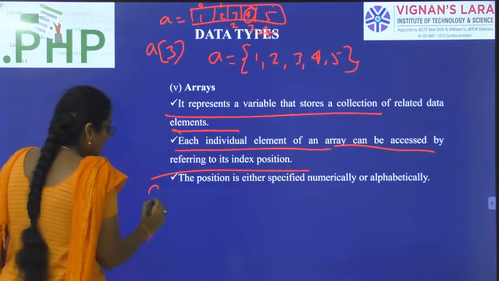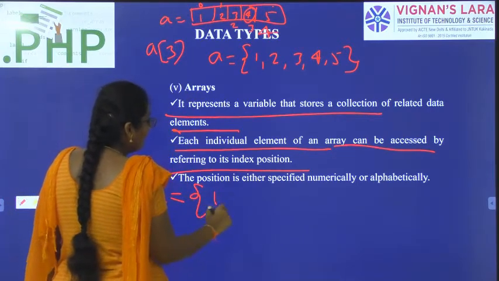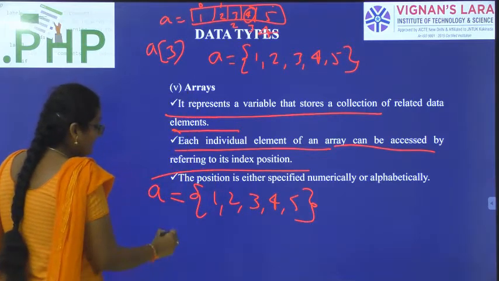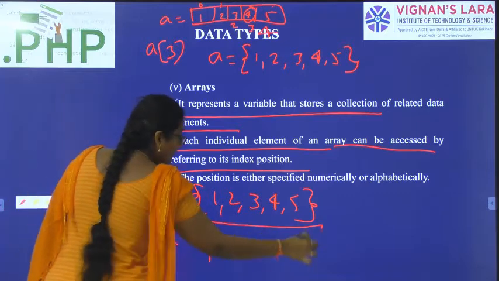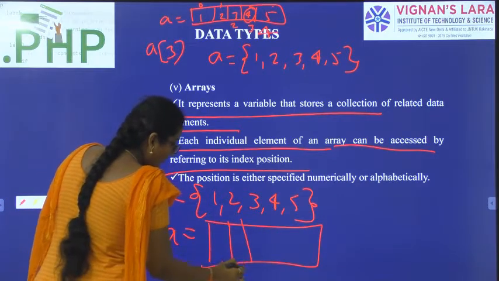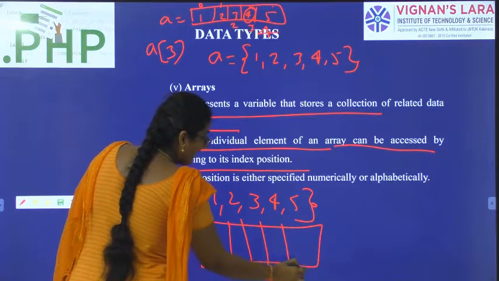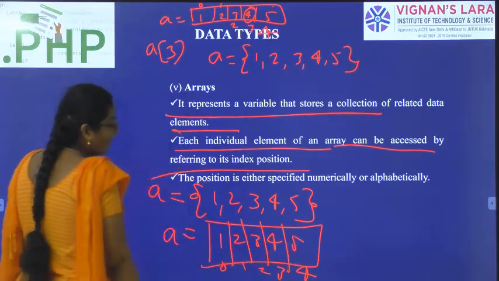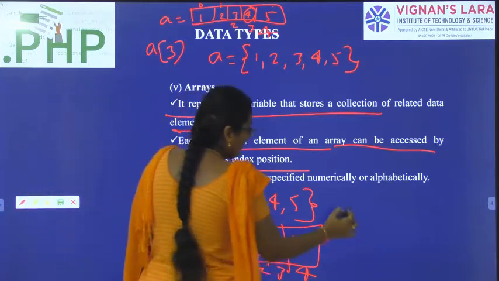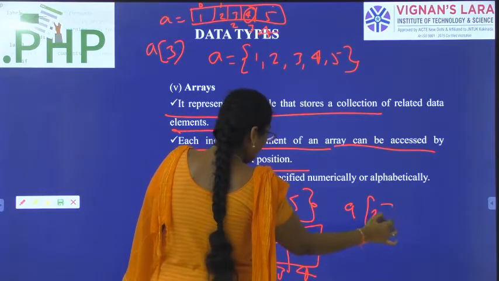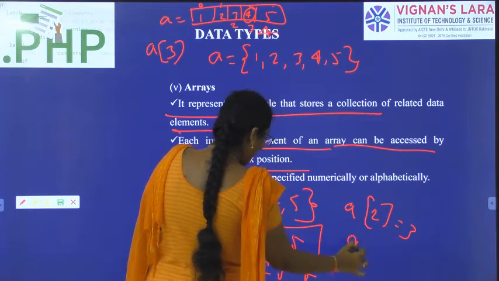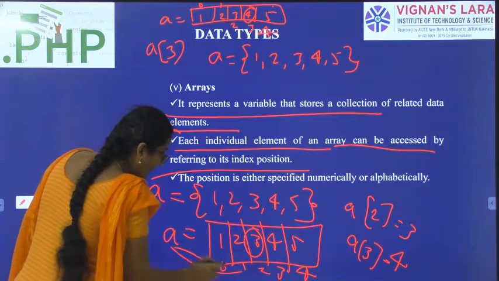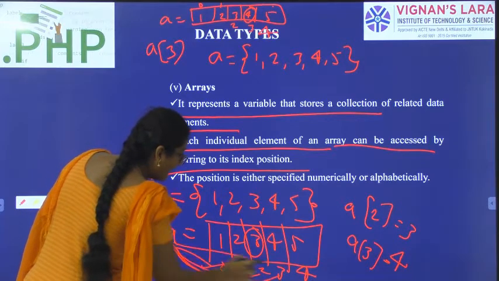What is the position of element 3? A of 2 equal to 3. A of 3 equal to 4. So A of 0, A of 1, A of 2, A of 3, A of 4.